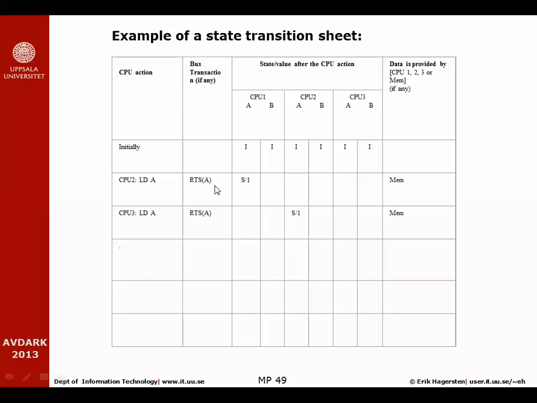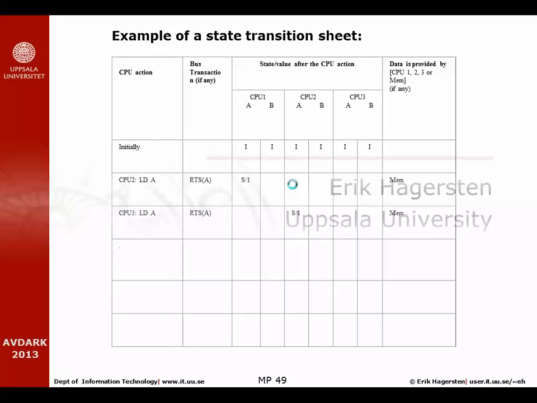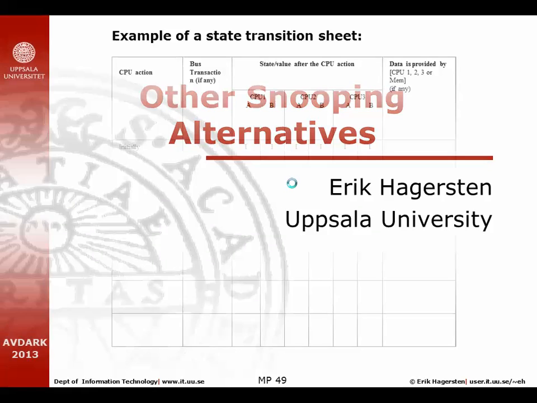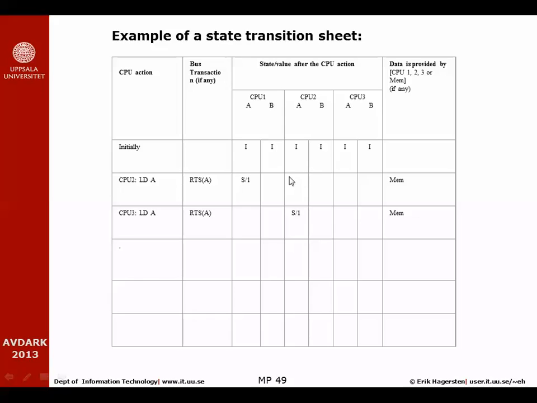So after that transaction has happened, and this is what I have here is wrong, it should say that CPU2 has the data in state S. It has the data in state S/1.